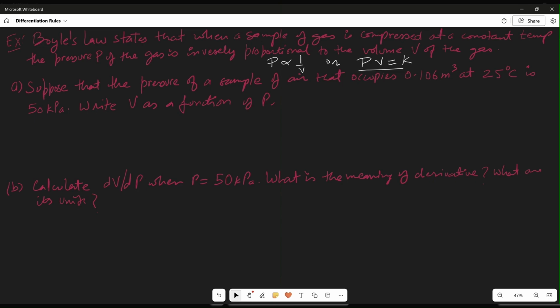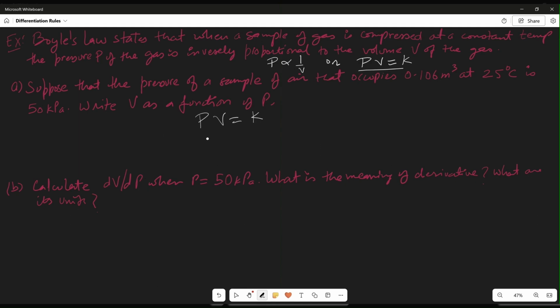In the next problem, we are asked: suppose that the pressure of a sample of air that occupies 0.106 m³ at 25 degrees Celsius is 50 kilopascals. Write V as a function of P. From here, we know that pressure times volume is equal to some constant value.